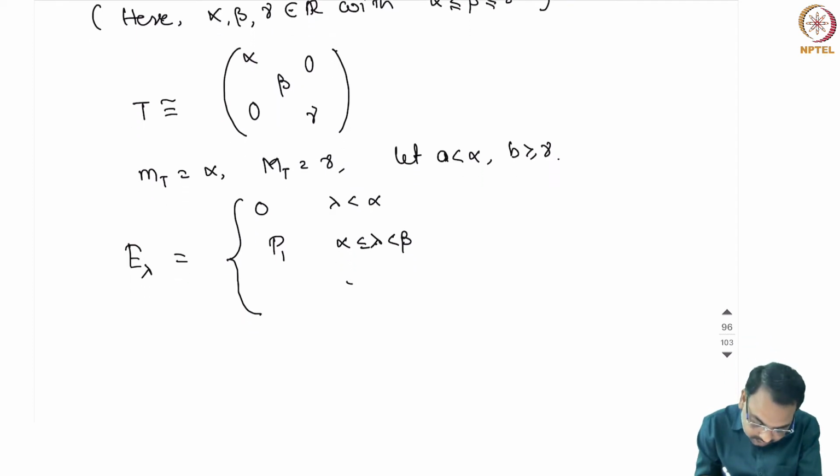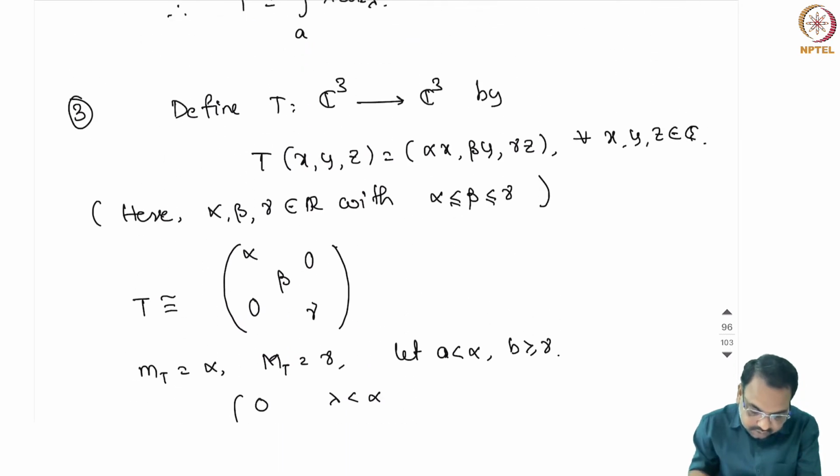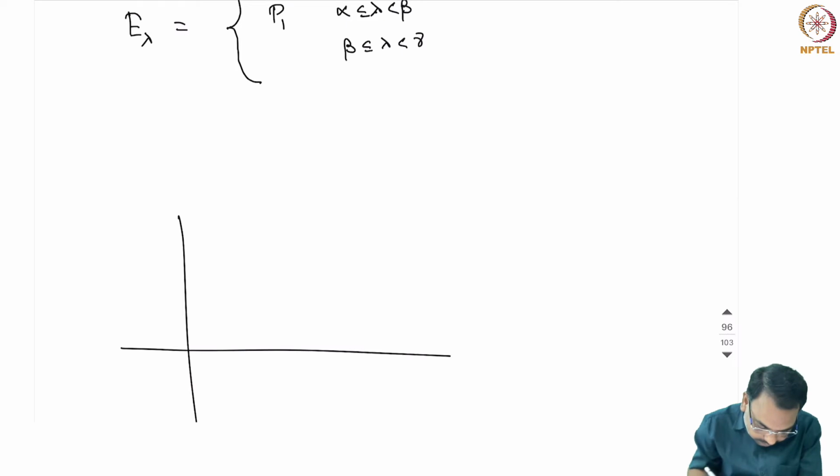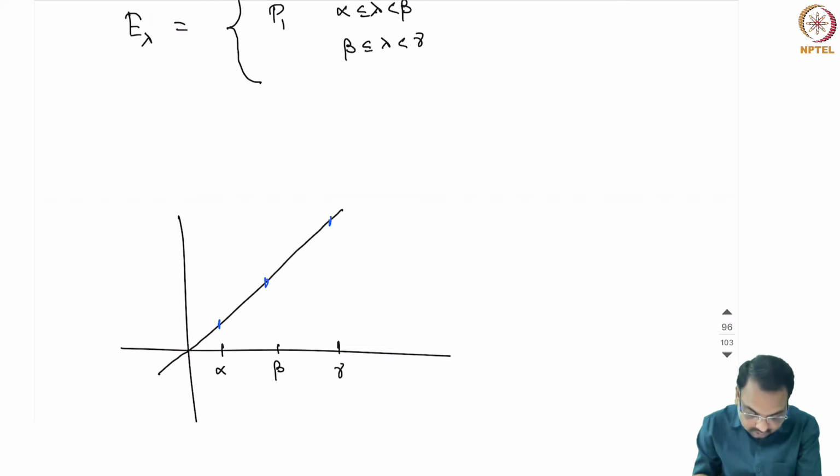And when beta is less than or equal to lambda less than gamma, suppose alpha, beta and gamma are like this. So E lambda between alpha and beta we have decided.